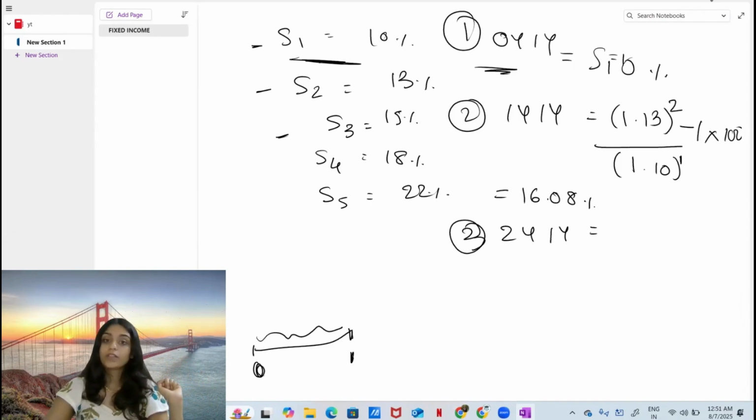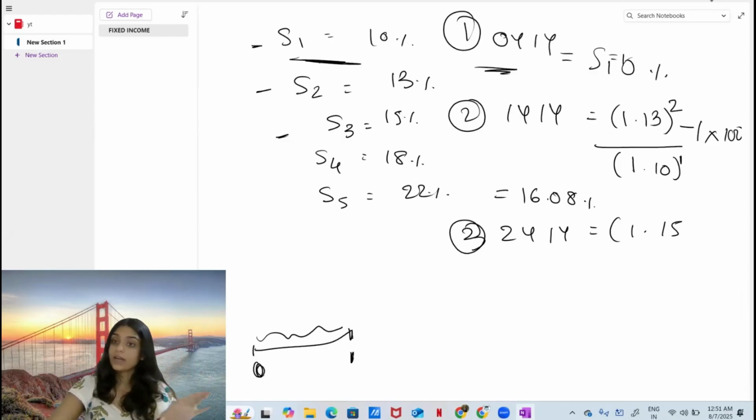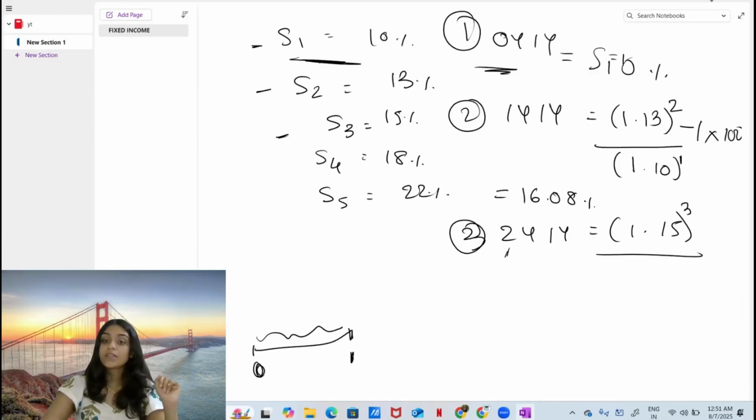So the spot rate for the third year is 1.15, because 1 plus 15%, raised to 2 plus 1, 3. Now the first number is what? 2. So the spot rate for the second year, 1.13 raised to, because it is the second year here, 2, minus 1 into 100.